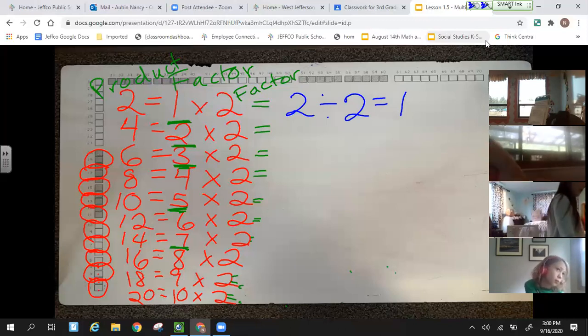Now while you guys are writing that, I'm going to write the names of these numbers. This is our dividend. Dividend, the big number. But we also know that divisor is pretty bossy. It likes to divide right in there. And then the answer is the quotient.